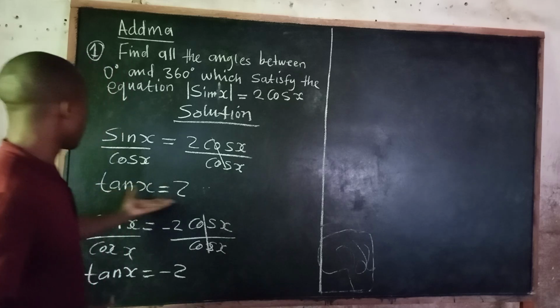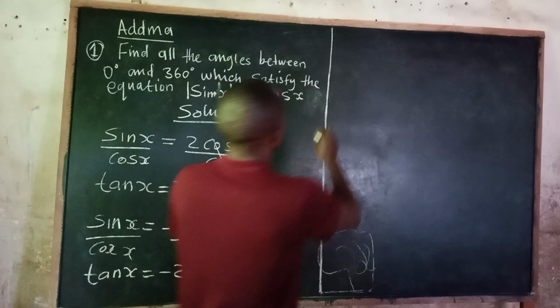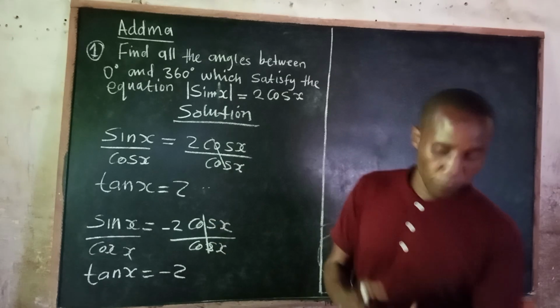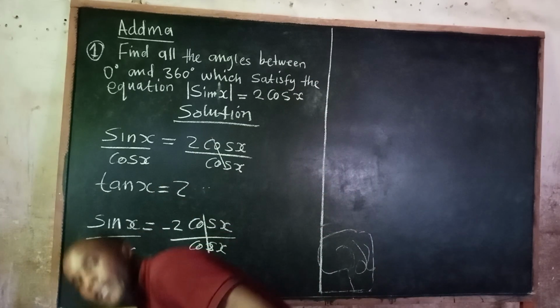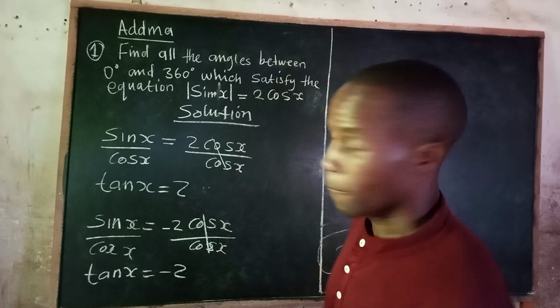We are going to start with the first one, which is tan x equals 2. Here we are going to use the calculator. Remember, in trigonometry, a calculator has to be there.